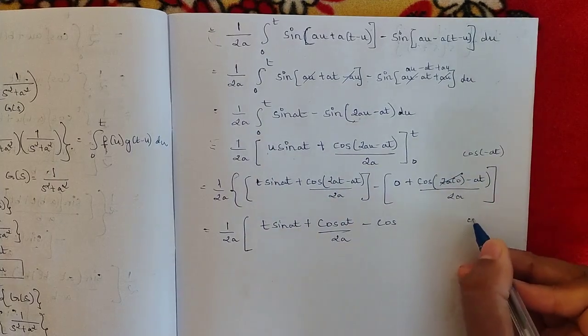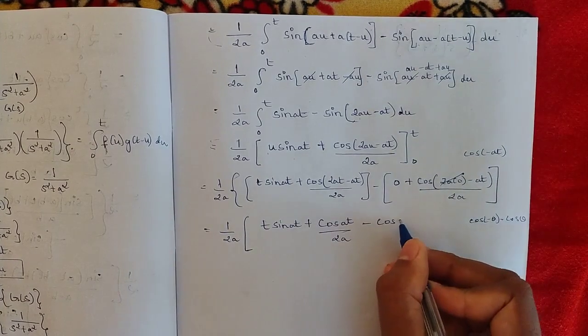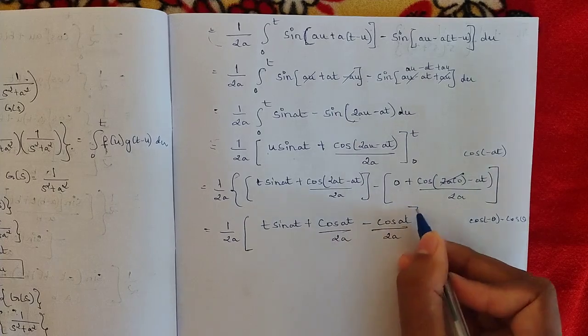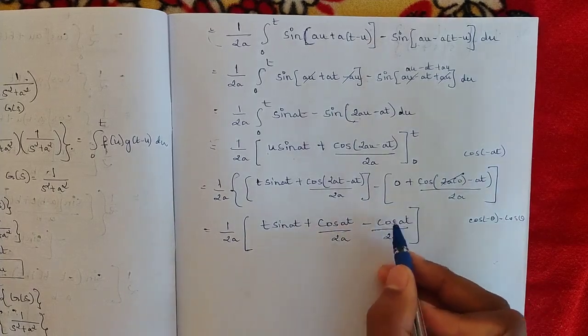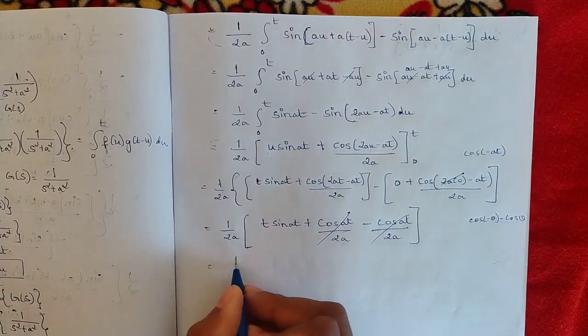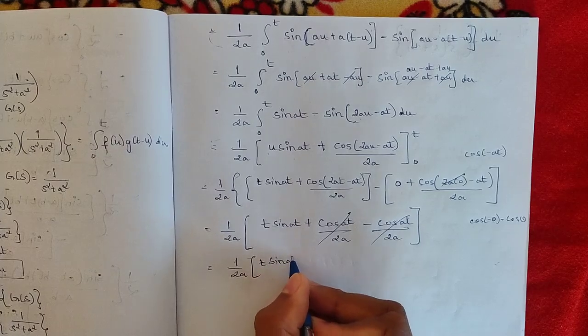Okay, so we know that cos of minus theta is equal to cos theta itself. So this would be again cos at itself divided by 2a. So plus cos at by 2a minus cos at by 2a would be getting cancelled out. So we would be left with 1 by 2a into t sine at.